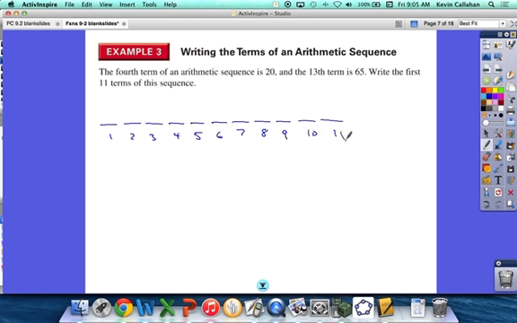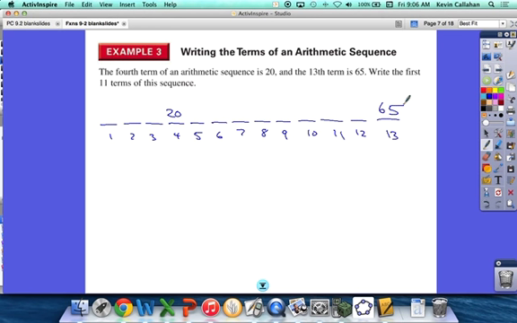Okay, the fourth term is 20, and the 13th term is 65. Right. Write the first 11 terms of the sequence.